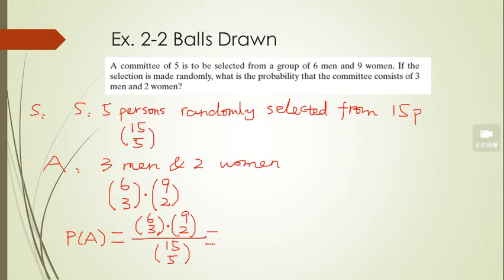And again, you can follow the combination formulas: 6 factorial over 3 factorial times 3 factorial, and then times 9 factorial over 2 factorial times 7 factorial.